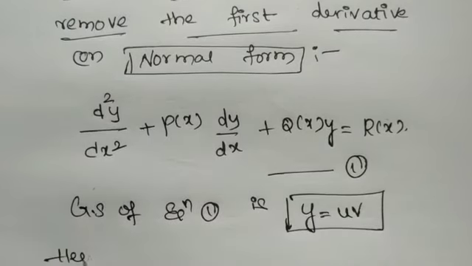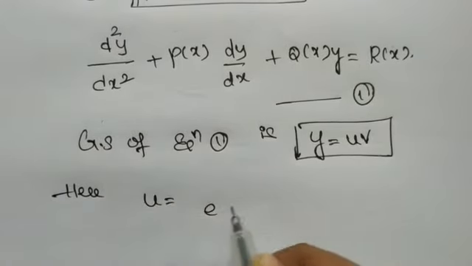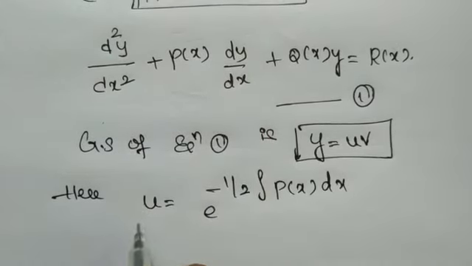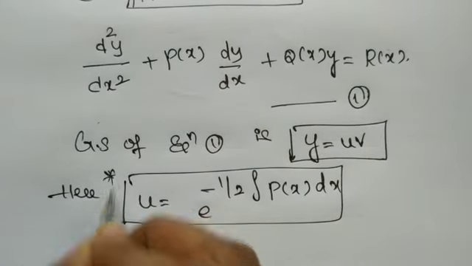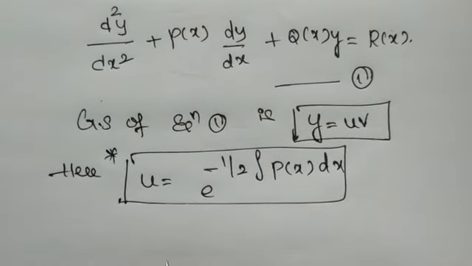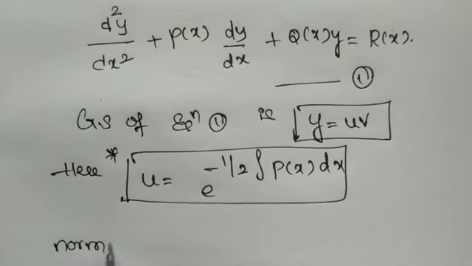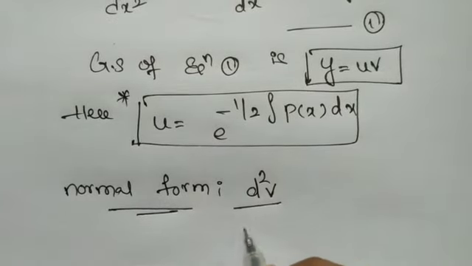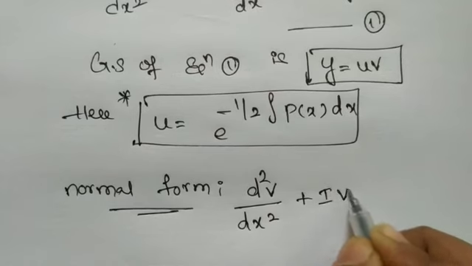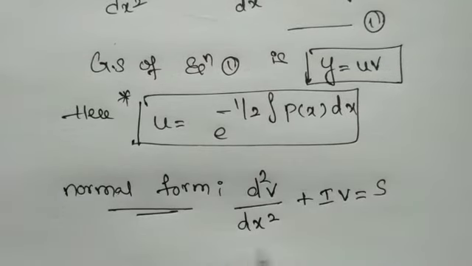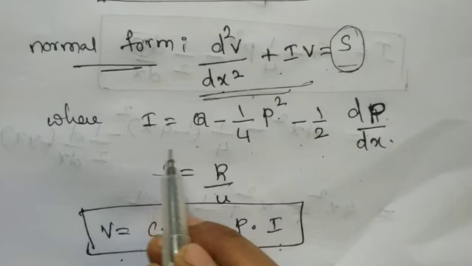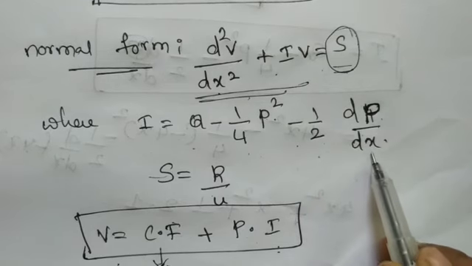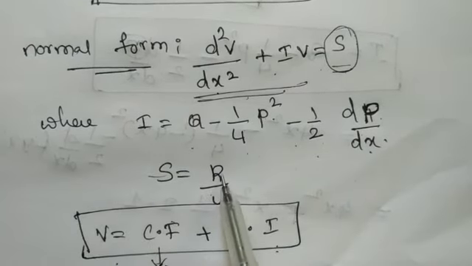Here u equal to e power minus half of integration of p of x dx, and the normal form is d square v by dx square plus Iv equal to S. So this is the normal form of the given equation 1, where I equal to q minus 1 by 4 p square minus 1 by 2 into dp by dx, and S value is r by u.